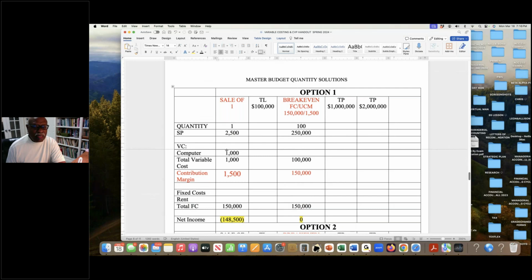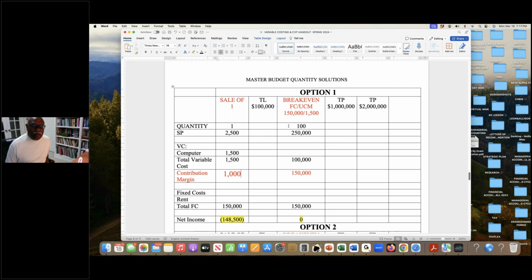So let's rework this first one, and the variable cost was 1,500. So the contribution margin now is 1,000.